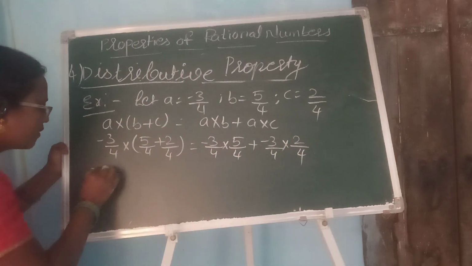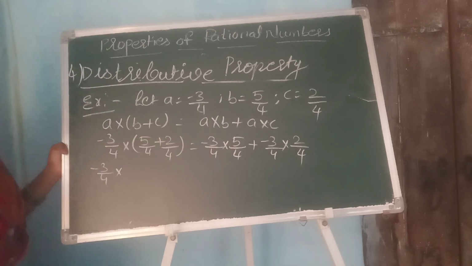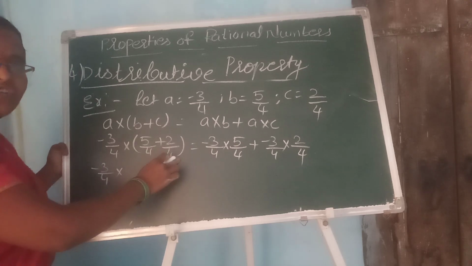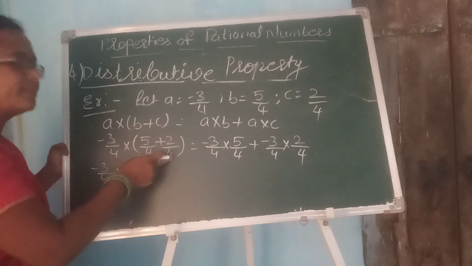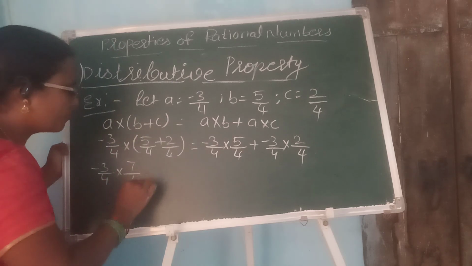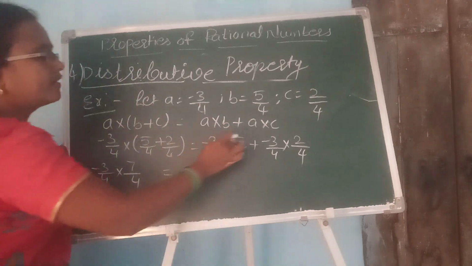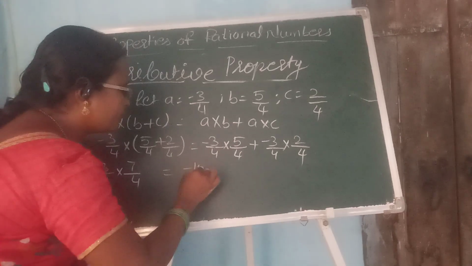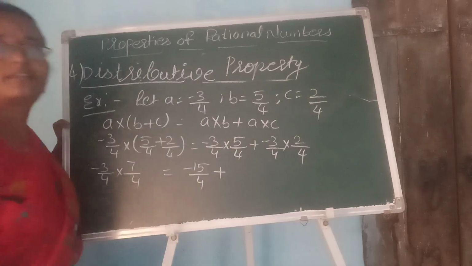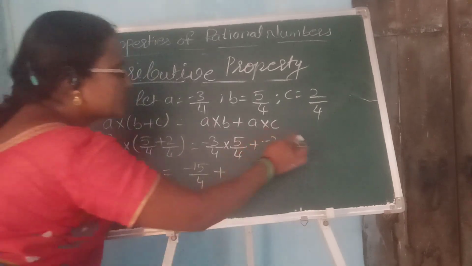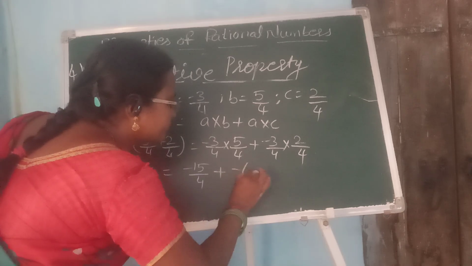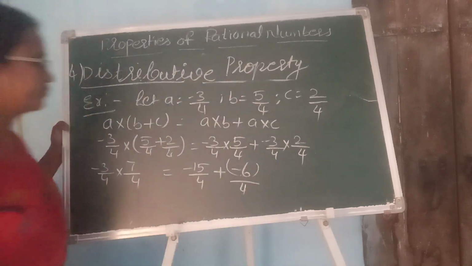So minus 3 by 4, first open the brackets. Here it is addition and these are like fractions. As these are like fractions, add only the numerators. 5 plus 2, 7 by 4, is equal to minus 3 into 5, minus 15 by 4 plus minus 3 into 2, minus 6 by 4.